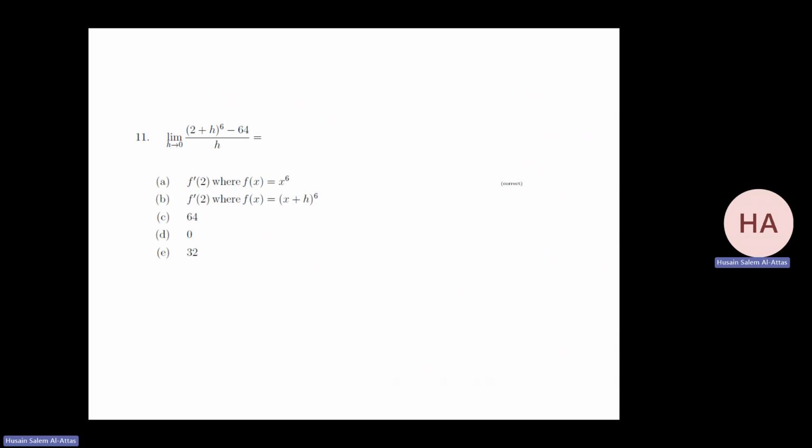This is the same kind of problem. Now this is with the h, so I have a plus h. I have f prime at a is the limit as h goes to 0 of f of a plus h minus f of a over h. This is what I want to compare with this one. Also, 64 is 2 to the power 6.